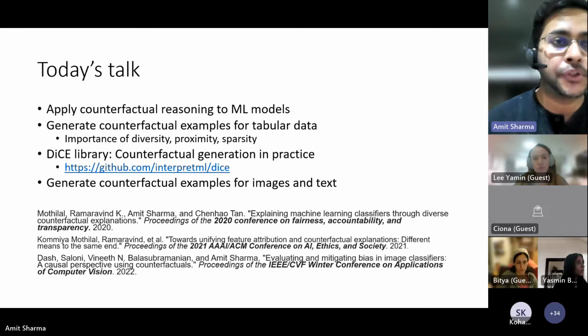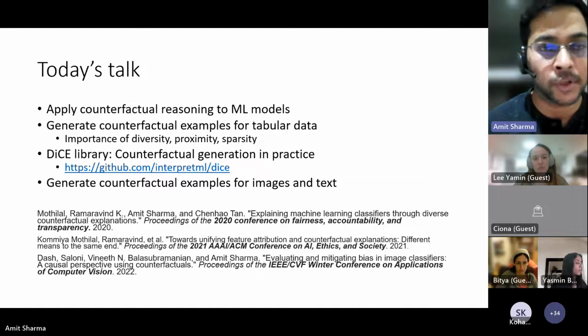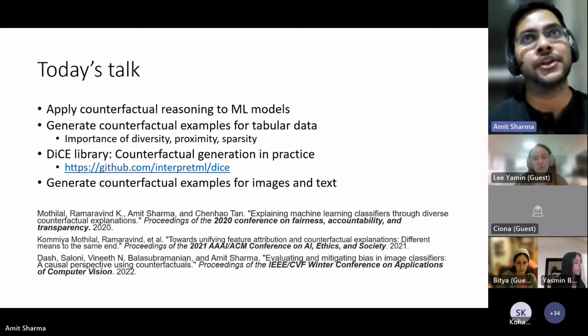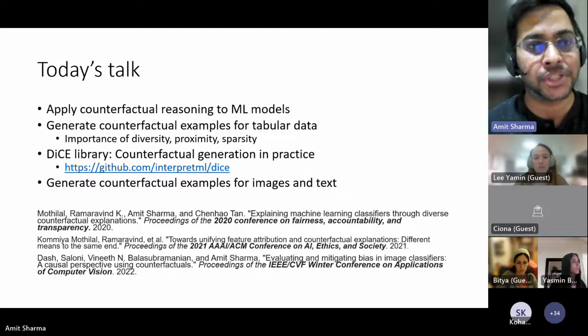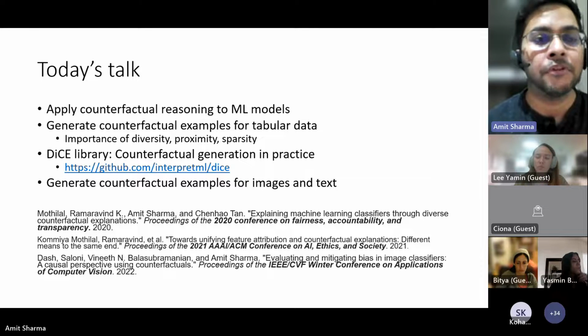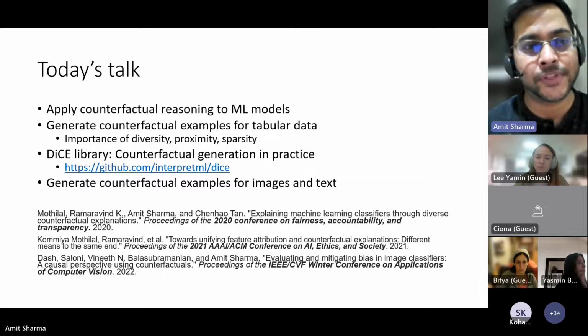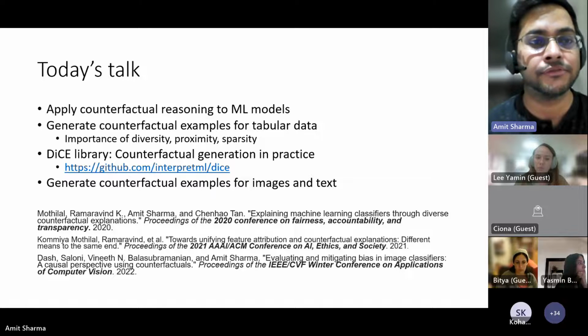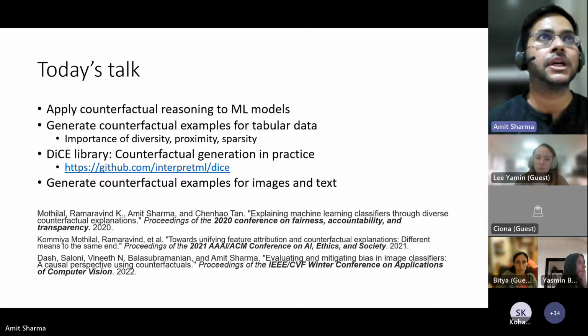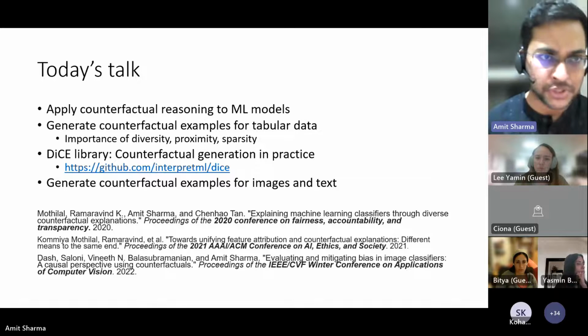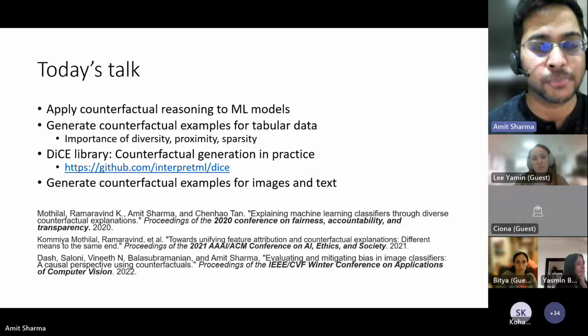And so in today's talk, I'll try to apply the same principle to machine learning models. Now instead of analyzing human decisions, we are going to analyze machine decisions. First, I'll talk about tabular data because the concepts are pretty clear and standard in that field. We'll talk about an algorithm and a machine learning library that you can use to explain models, which is called DICE.